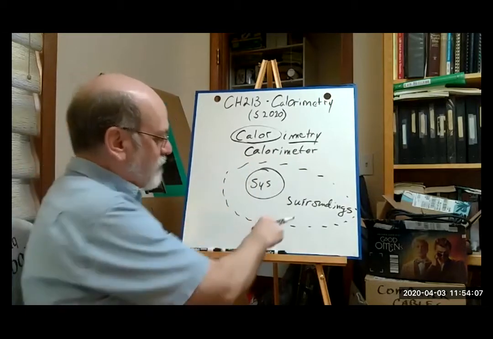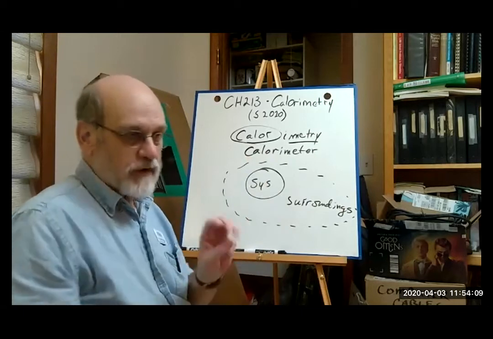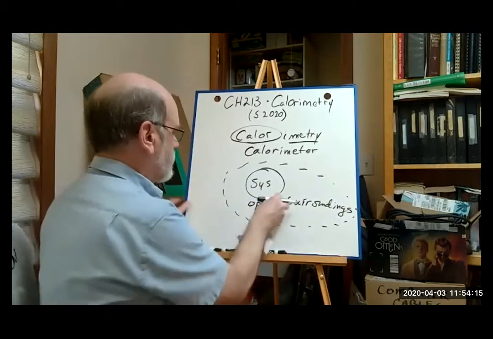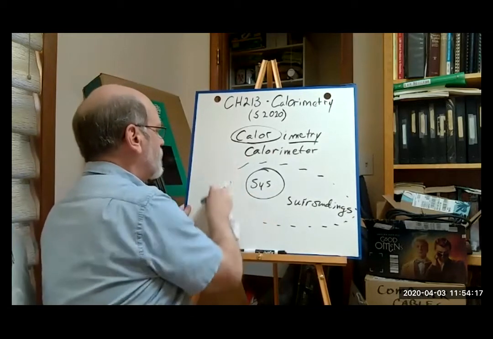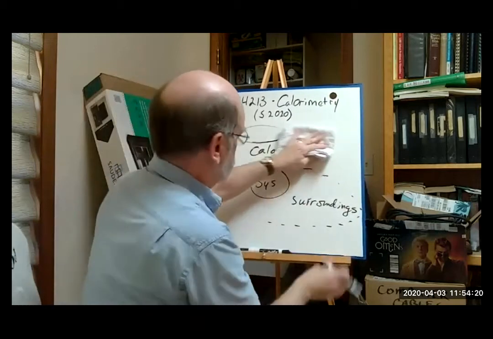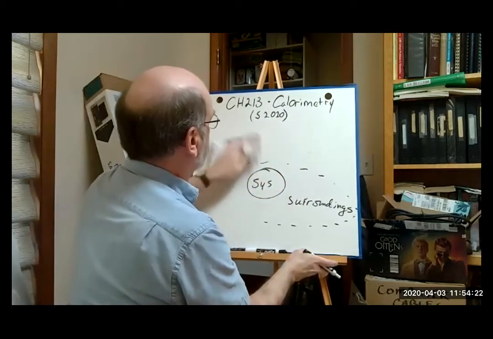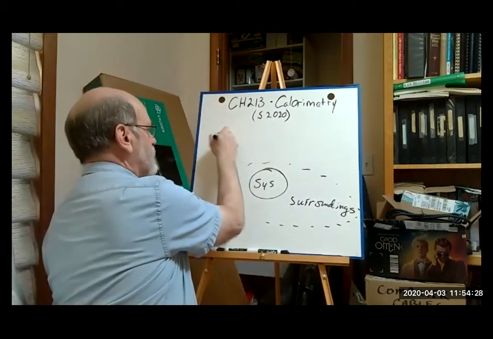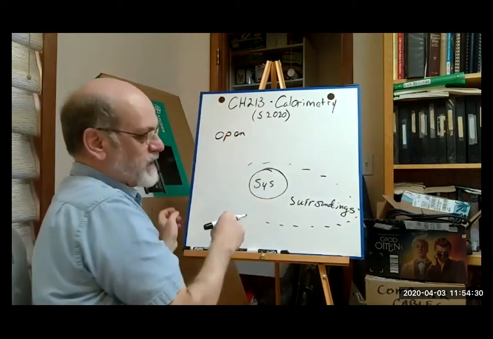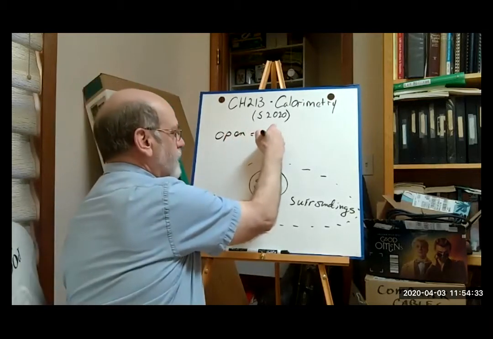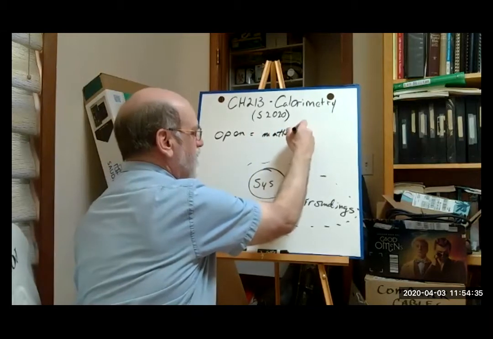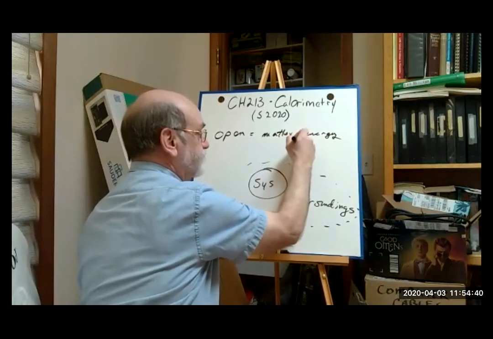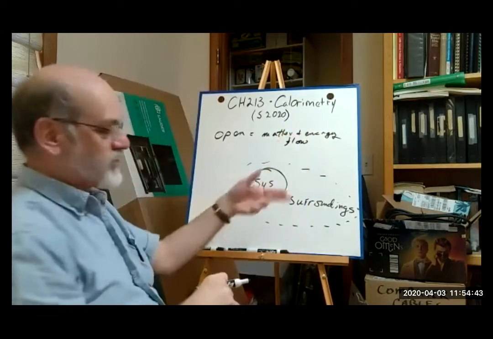So these will be our surroundings. Now, the boundary between systems and surroundings can be one of 3 types. It can be open. Let me write that over here. I got a small whiteboard here, which doesn't give me much room. So that border can be open, which means matter and energy can flow in either direction.